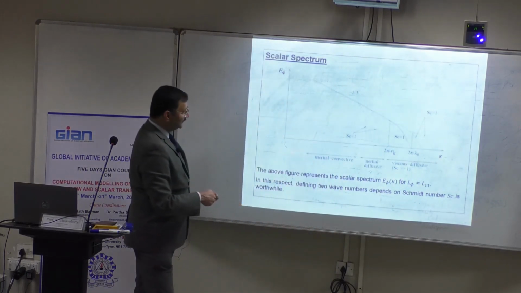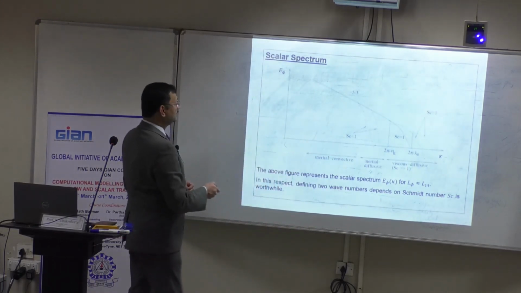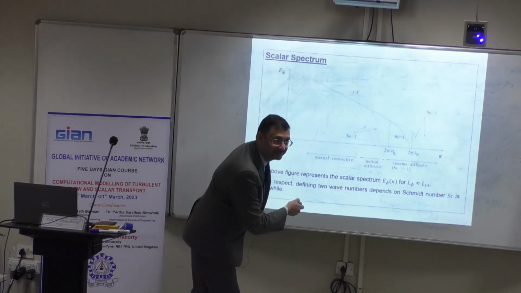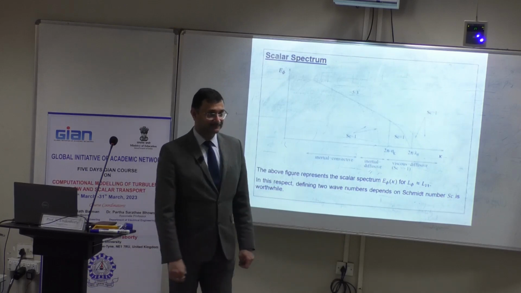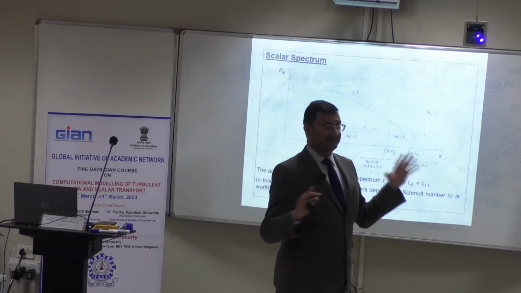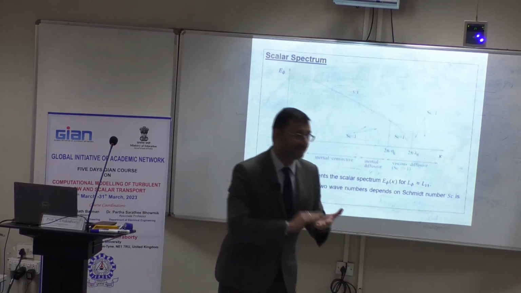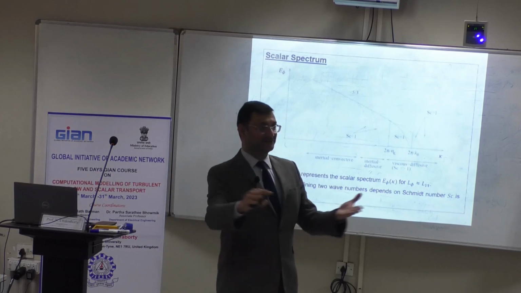The range where the diffusivity, that means the molecular diffusion process, does not play any role is called the inertial convective range. That means scalar distribution is determined by inertial processes and the advection induced by inertial processes.